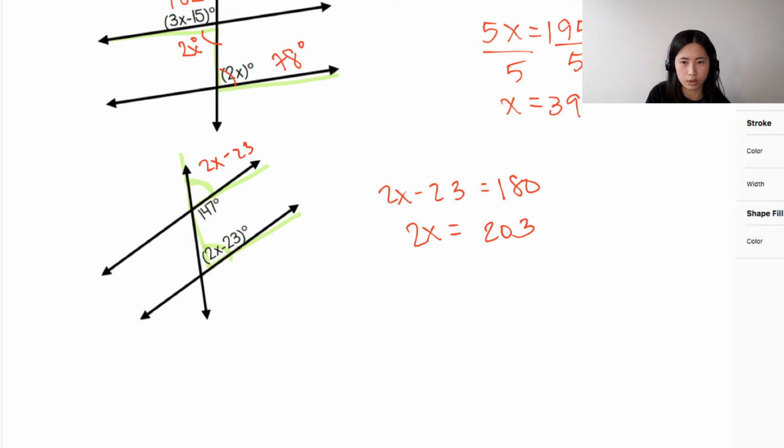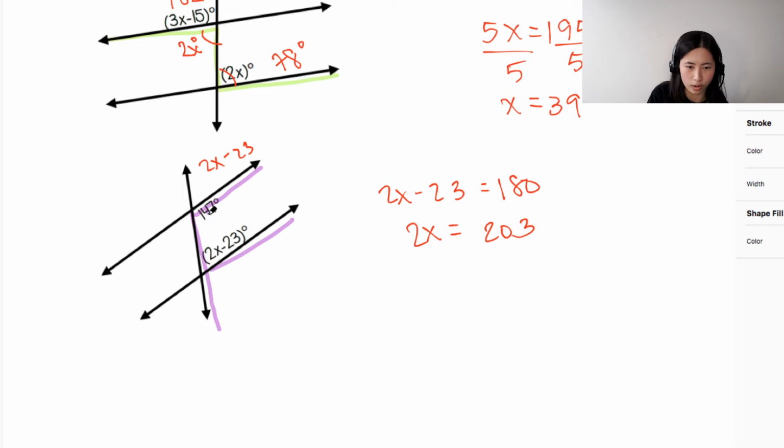Does that make sense? So if I were to erase this again, and let's see. Okay, so if you have 147, and let's say you're using this. Remember the F pattern that I showed you? So you have this and this.